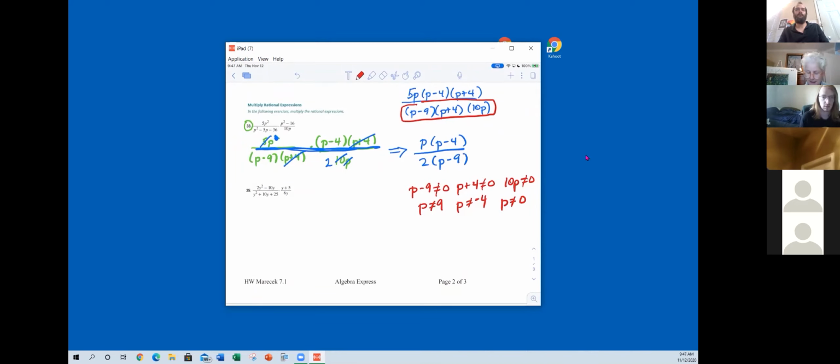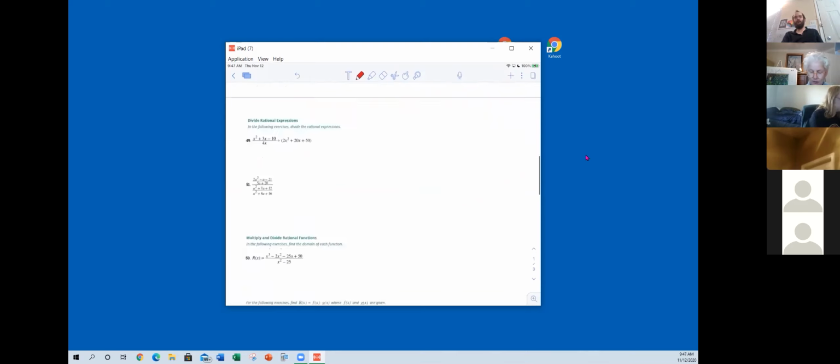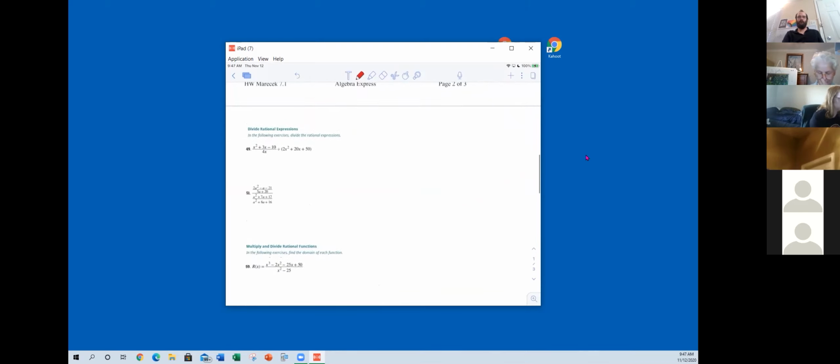Okay, and then if we're doing division, how would we write this one to where we could use division? Again, we've already done the factoring. So what do I do with this term when I divide?